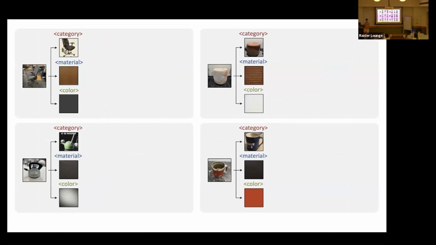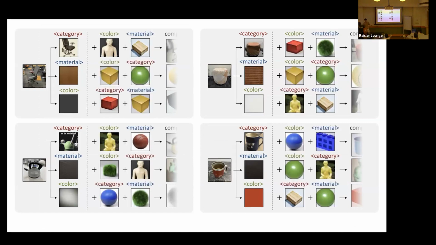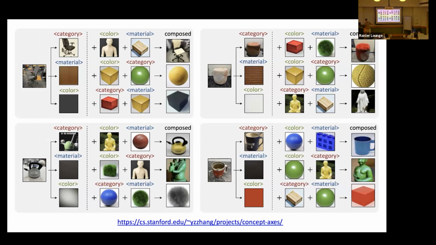We can also take a real image, feed it into the model, and produce a set of compositions, like generating a chair concept in different colors or different materials, for example. We're going to release this work soon as well. You can check the website if you like.